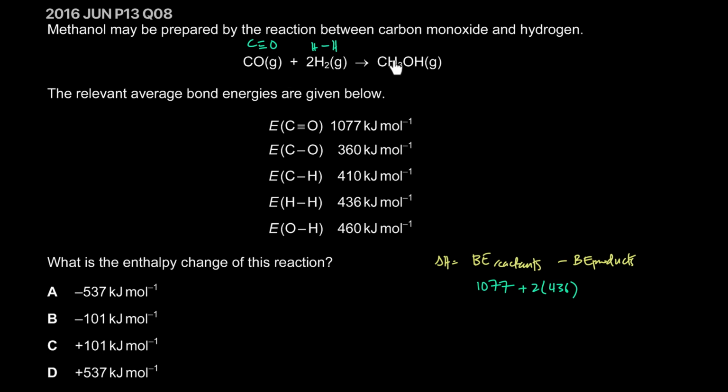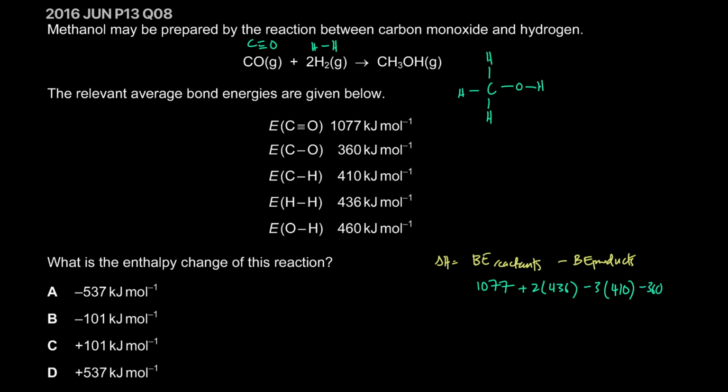And then we're going to subtract the bond energies of the products. Now in this case, we have CH3OH. We have 1 mole of methanol. Now in 1 mole of methanol, we have 3 moles of C-H bonds. So we have 3 times 410. We have 1 mole of C single bond O, so that'll be minus 360.